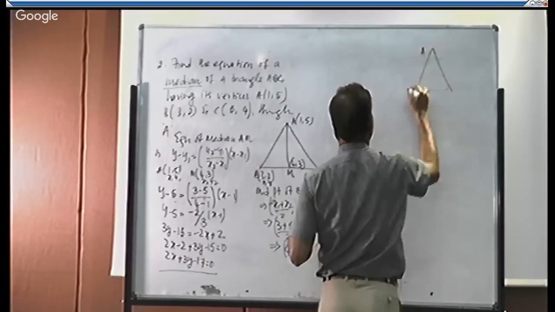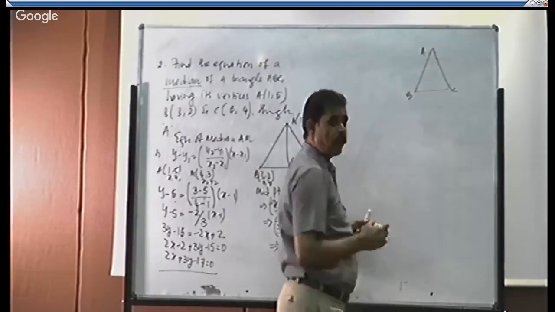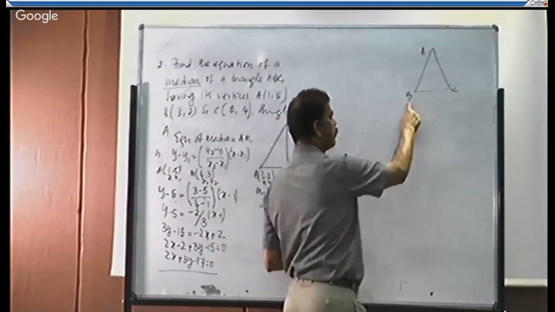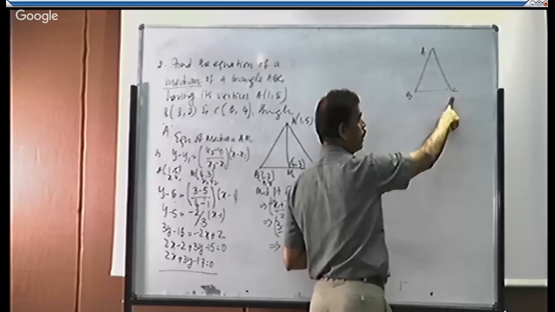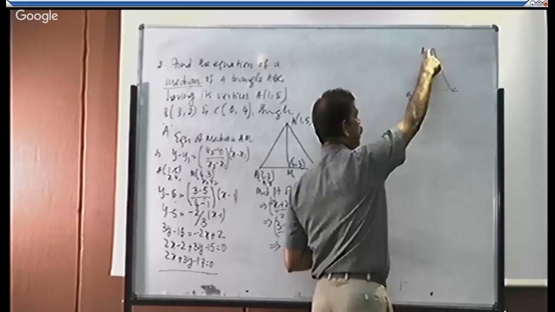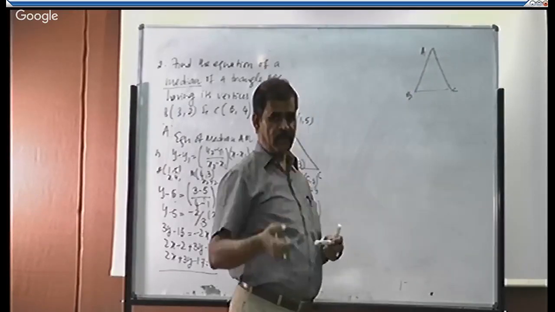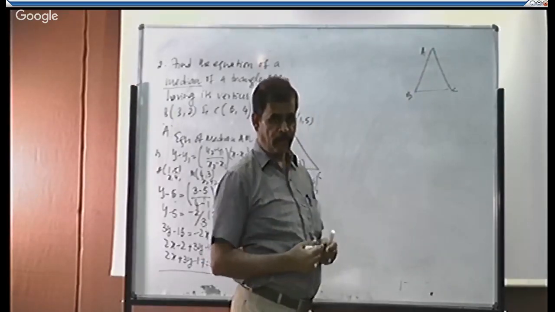If they ask to find the equation of side AB, BC, or AC, then we have to take the given side's ends as x1, y1 and x2, y2.